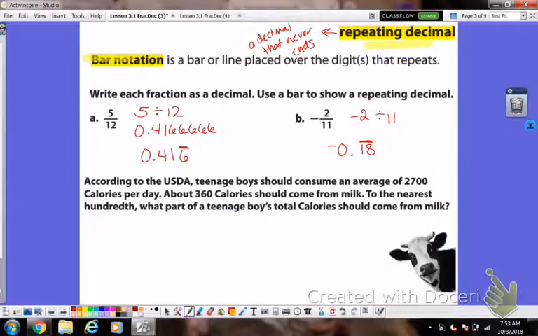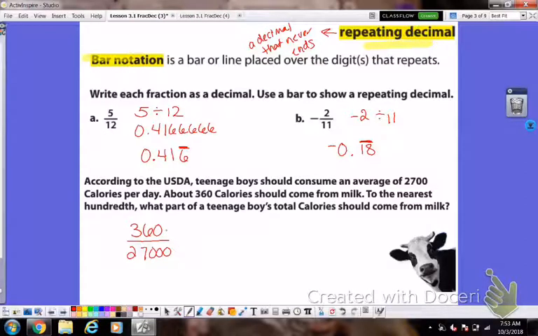All right, so let's look at an example word problem here. According to the USDA, teenage boys should consume an average of 2,700 calories per day. About 360 calories should come from milk. To the nearest hundredth, what part of a teenage boy's total calories should come from milk? Okay, so we do 360 divided by 2,700.